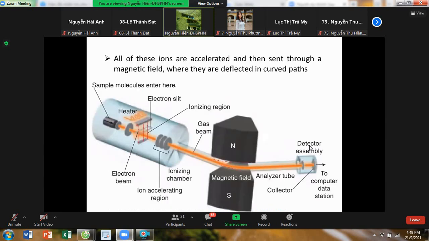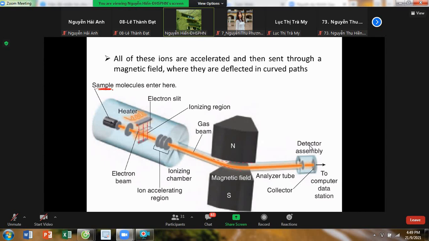This is the simplified figure for mass spectrometers. So you see that first your sample. The sample can be either liquid or solid or gas.